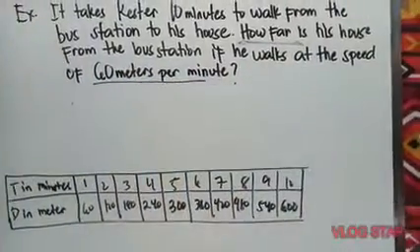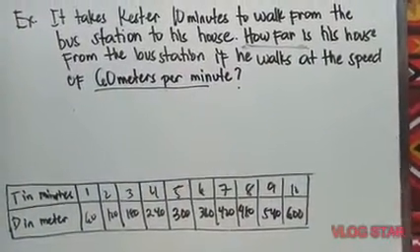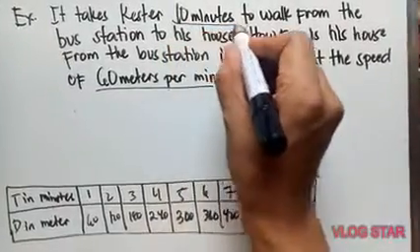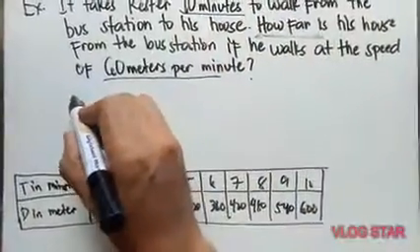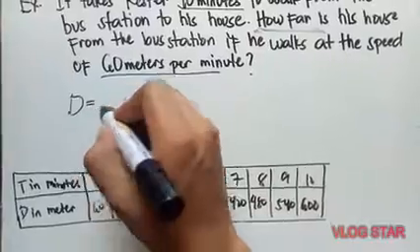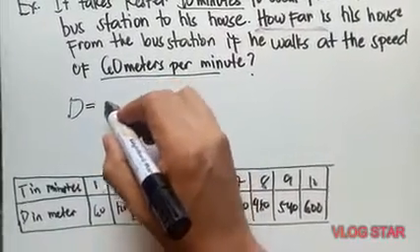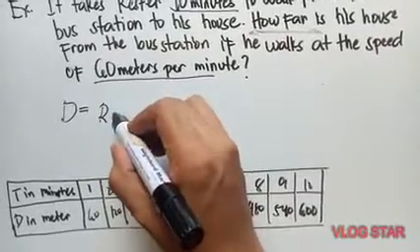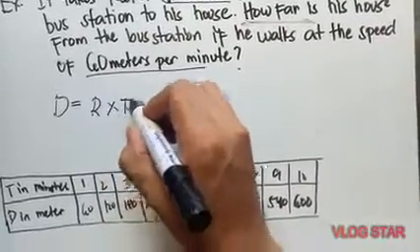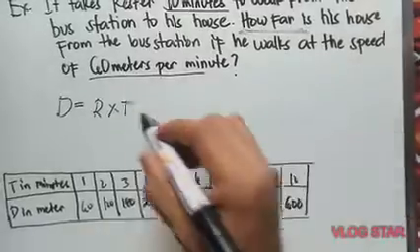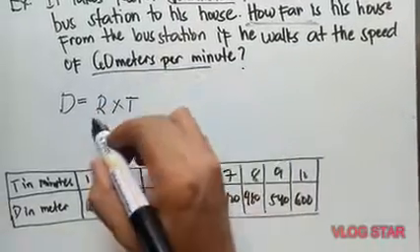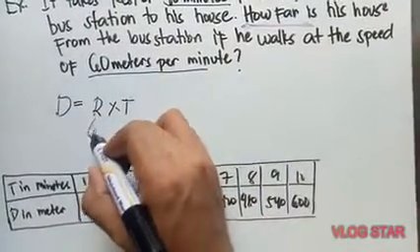This is the rate, and the time is 10 minutes. So we will find the distance. The formula is d is equal to rate times time.